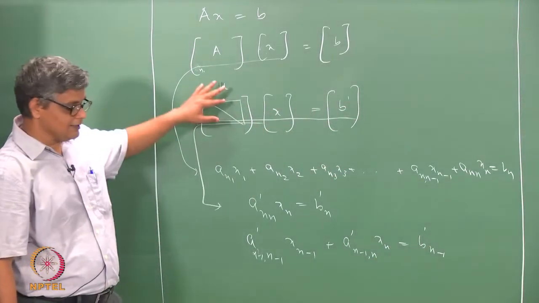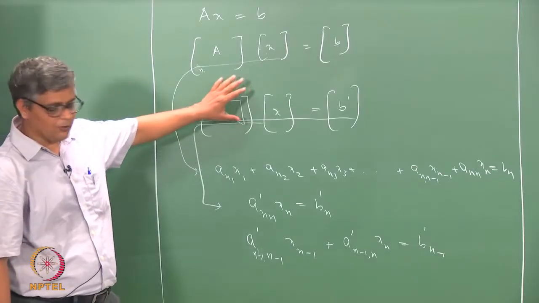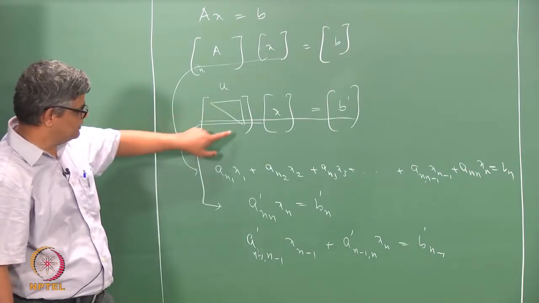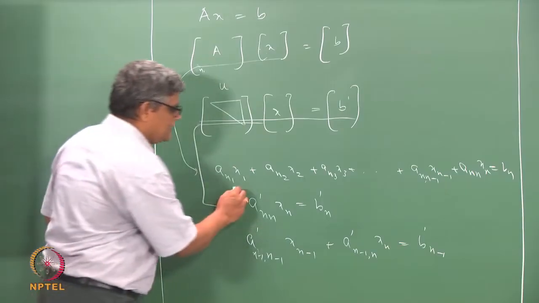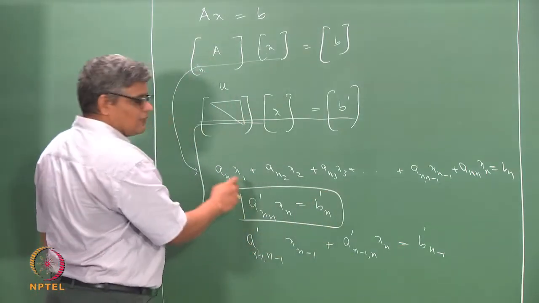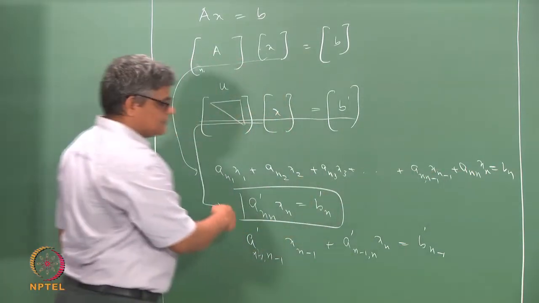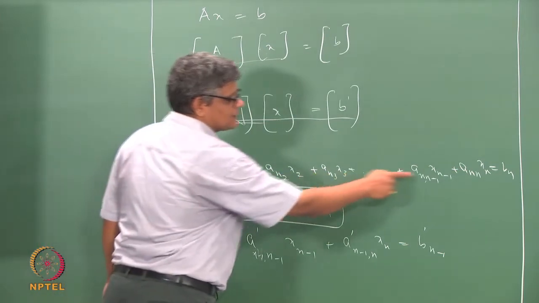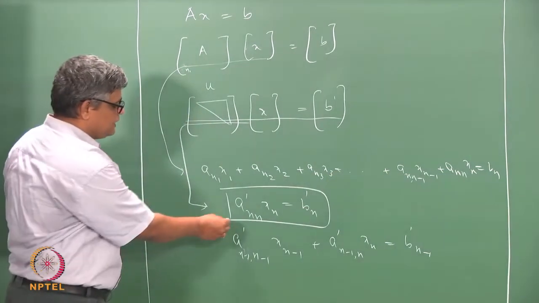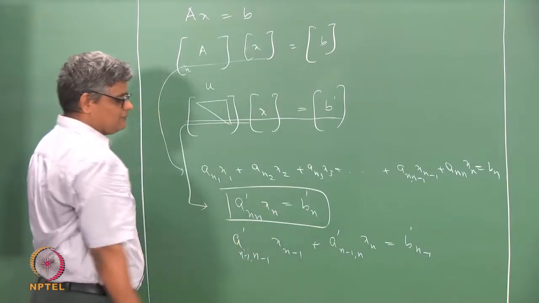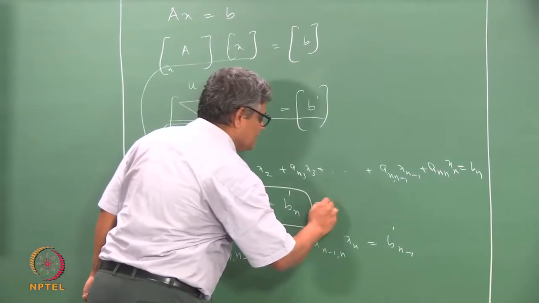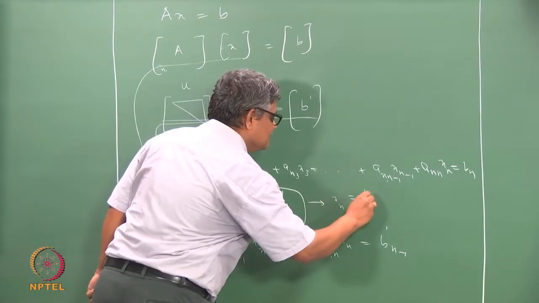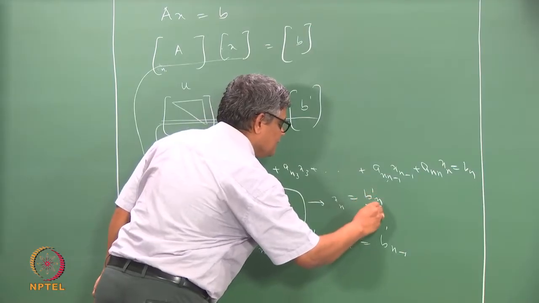So in this transformed rearranged set of equations, the last equation is simplified from one which involves all the variables all the way from x1, x2, x3 up to xn into an equation involving only xn as a variable. So from this we can directly get xn as b prime n by a prime nn.